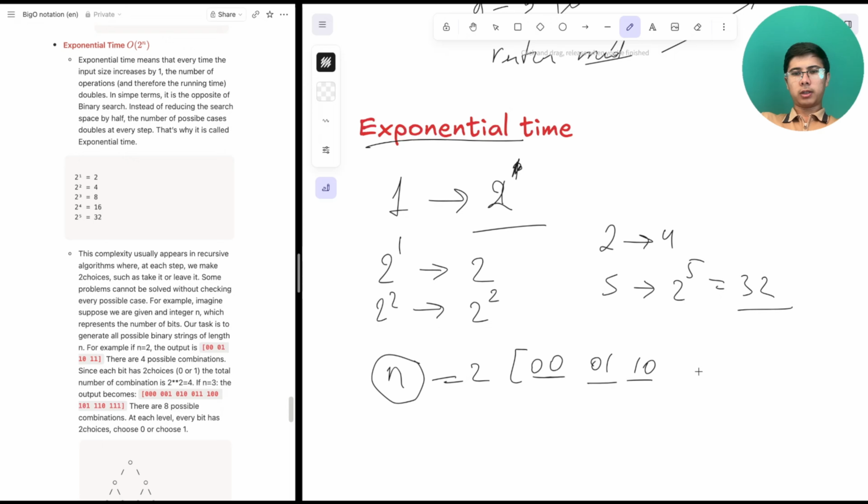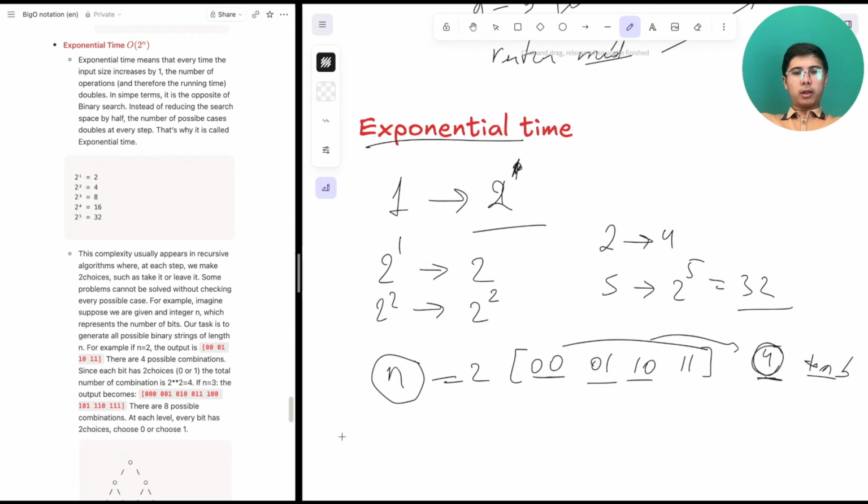How many elements do we have? 4 elements, 4 possible combinations. Since each bit has 2 choices, 0 or 1, the total number of combinations is equal to 4.